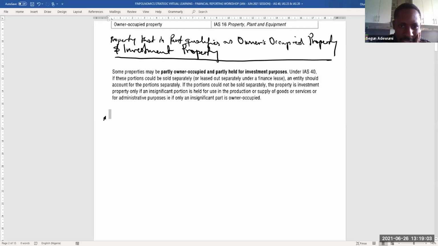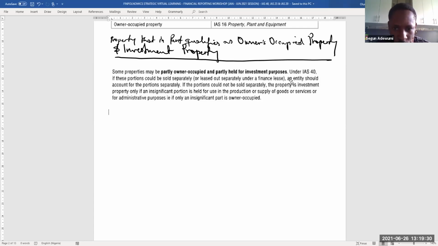Property that in part qualifies as owner occupied property and investment property. Some properties may be partly owner occupied and partly held for investment purposes. Under IAS 40, if these portions could be sold separately or leased out separately under a finance lease, an entity should account for the portions separately.